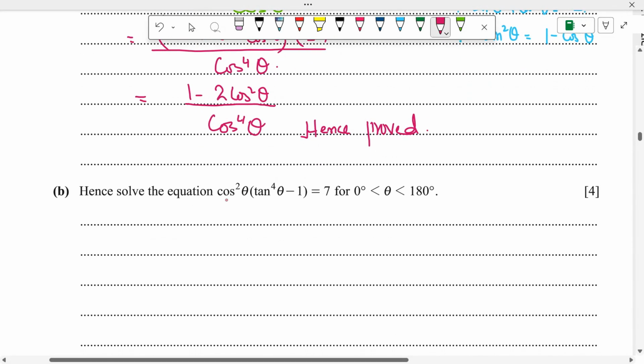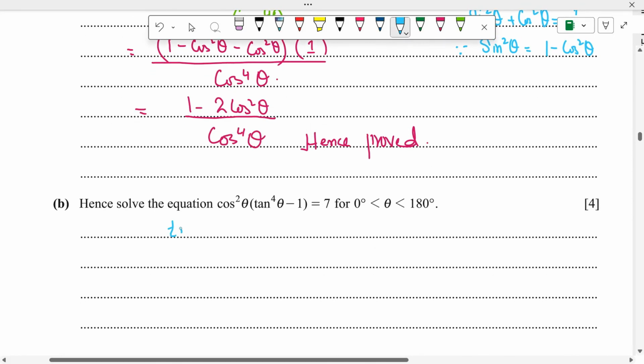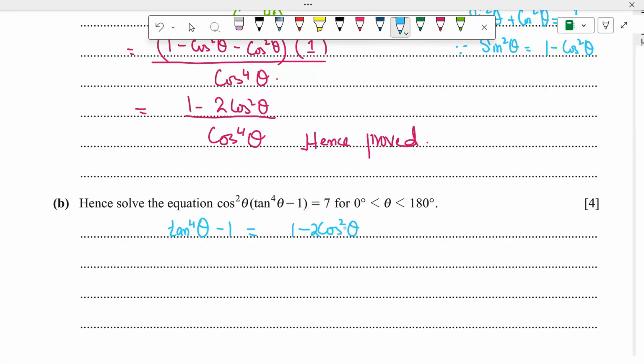Hence solve the equation cos squared theta times (tangent to the power of 4 theta minus 1) is equal to 7, where theta is greater than 0 and less than 180. We just proved that tangent to the power of 4 theta minus 1 is equal to (1 minus 2 cos squared theta) over cos to the power of 4 theta.